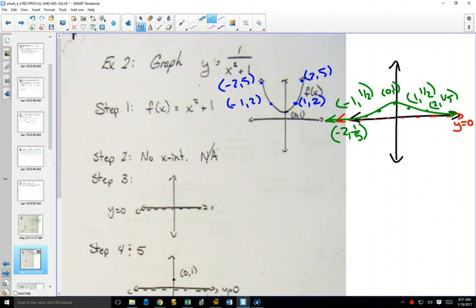So again, when you do all of the steps onto one graph, basically what we're doing, if you wanted to simplify our 6 steps into 3, step 1 is draw the original graph. Step 2, asymptotes, right? Vertical and horizontal. If you just call that one step, you can remember those both together.